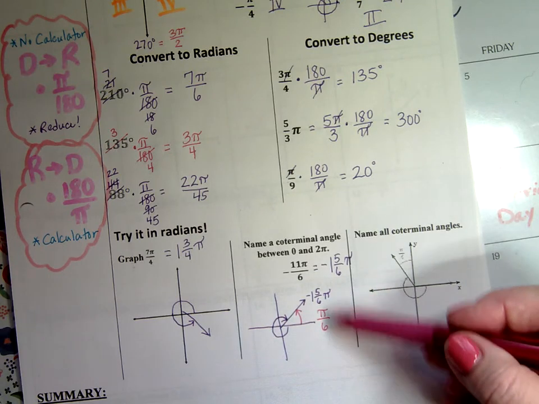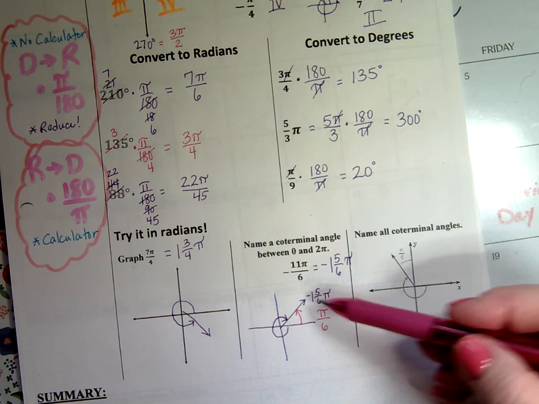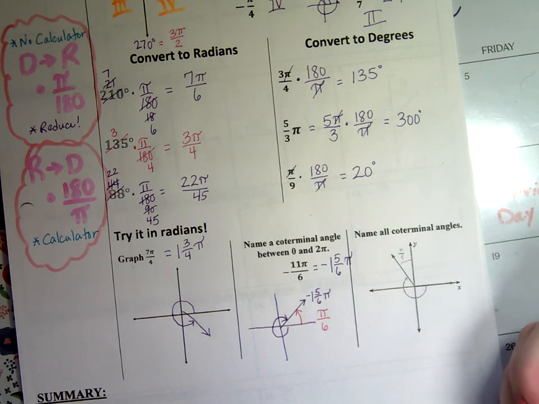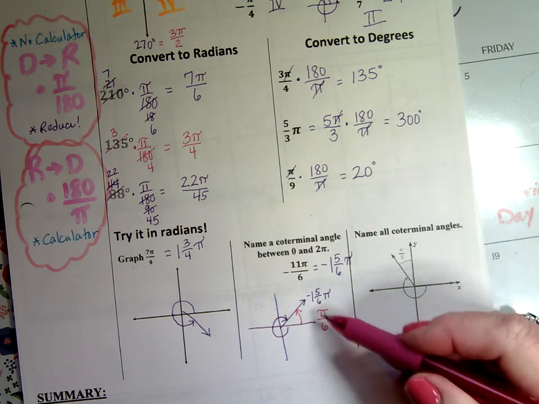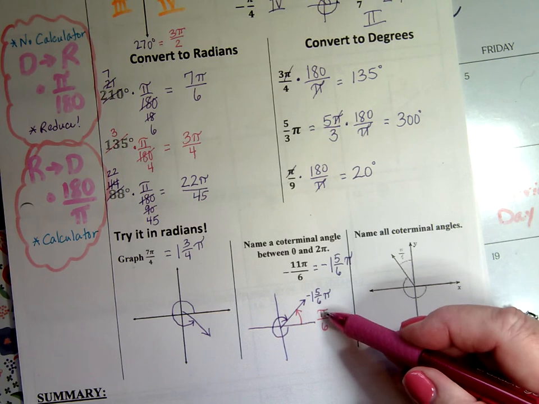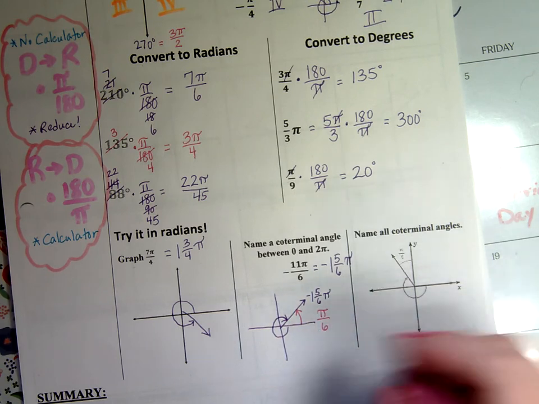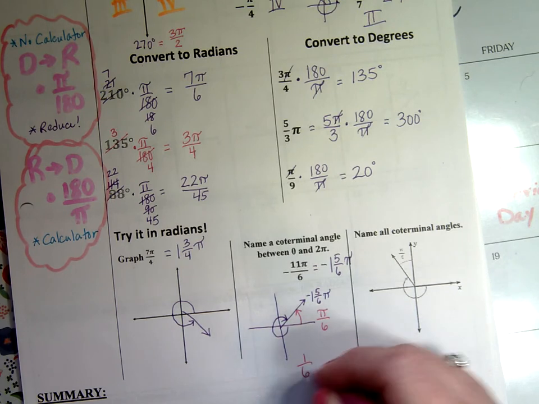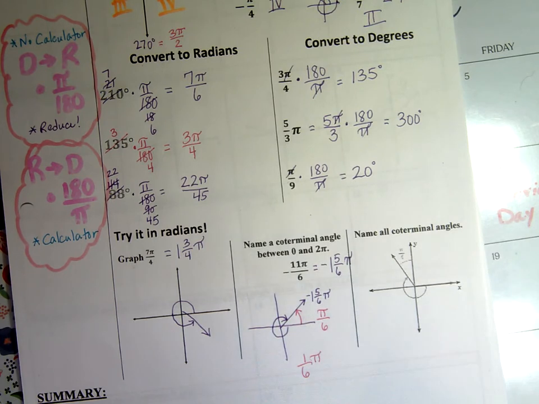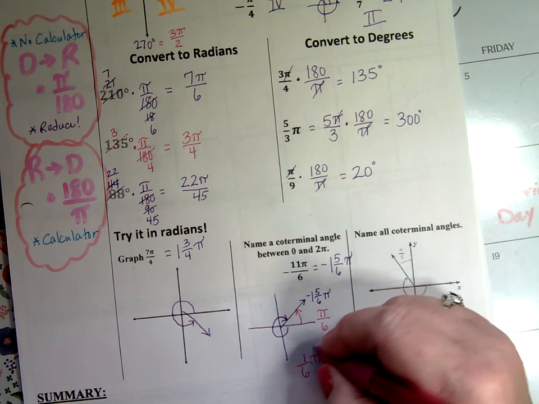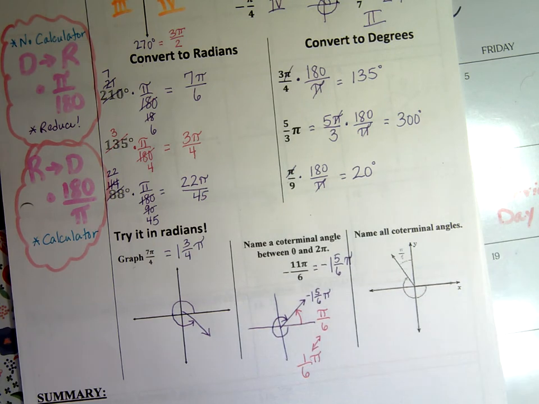Remember, the negative is just a directional thing. We talked about that in the last section. If I take 1 5/6 and I add 1/6 to it, that's going to be 2 pi. Some of you might write it that way, 1/6 pi. That's okay. You can do that. They're one and the same thing. Well, you'll see it more in this format than in the 1/6 format, which is why I wrote it that way. But 1/6 pi is the same thing.